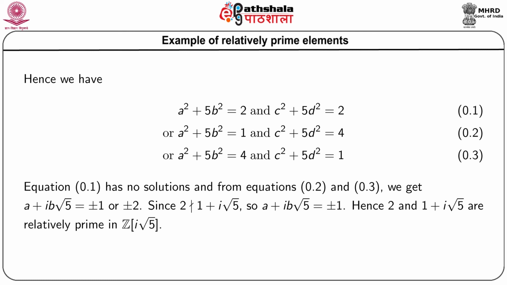Since 2 does not divide 1 plus i root 5, a plus ib root 5 must be either plus 1 or minus 1. Hence, 2 and 1 plus i root 5 are relatively prime in Z[i root 5].